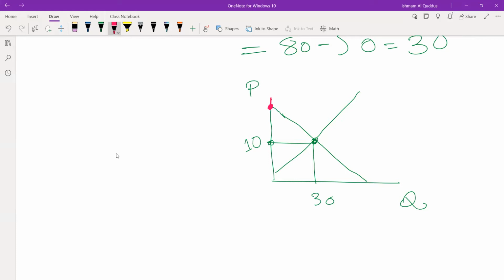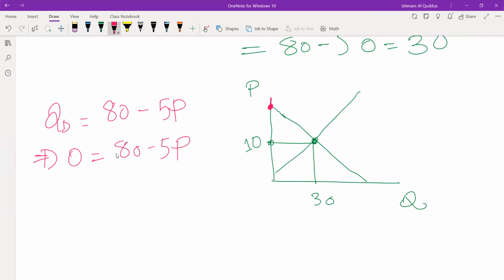So at this point, the quantity demanded is zero. So our demand function was QD equals to 80 minus 5p, right? So we can solve this: 0 equals to 80 minus 5p. We will get 5p equals to 80. Now p would be 16.